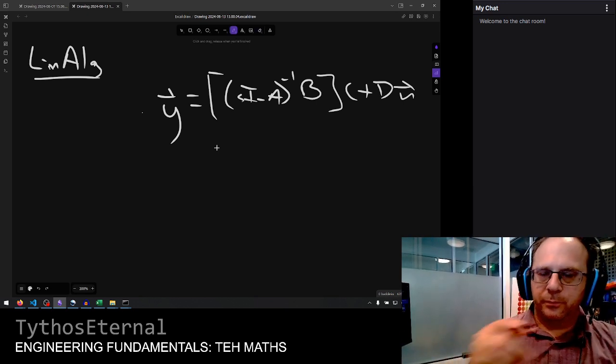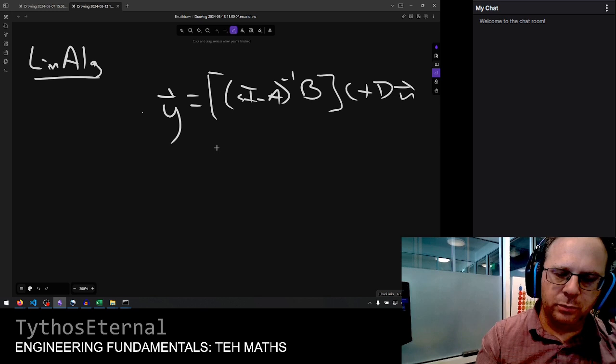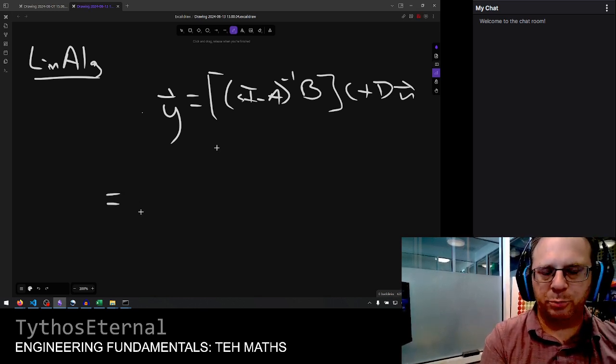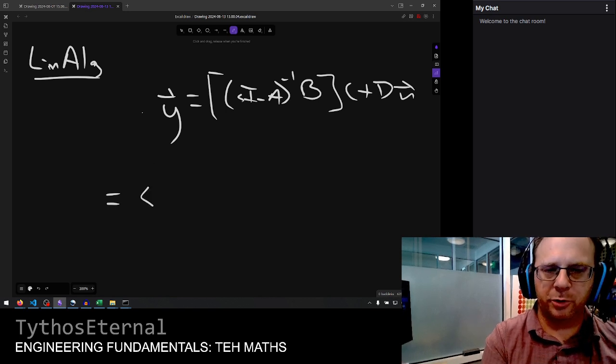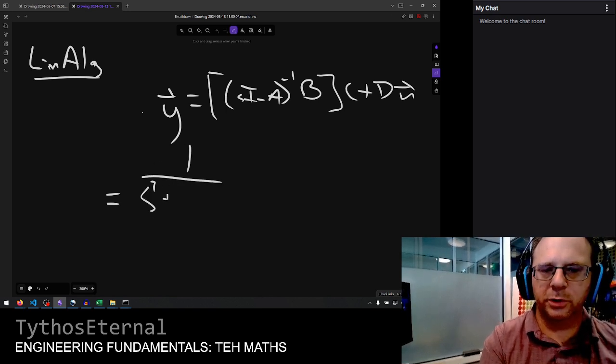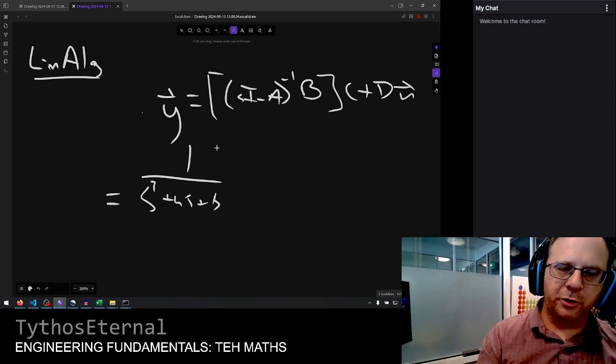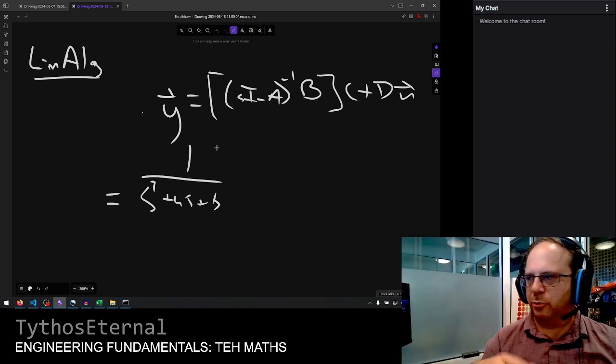If you go back to our differential equation expression, what you had when you had an expression here, right? If you notice, that expression was like 1 over s squared plus a s plus b, especially if you kept constant terms from like the voltage.